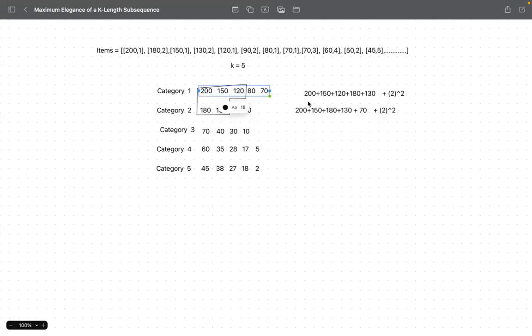The maximum of the not used categories is 70. So this is the new total profit, but the new distinct category count is 3 now because we have used 70.